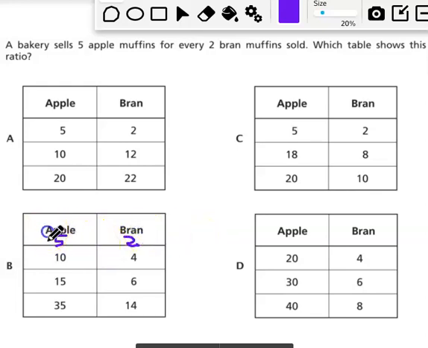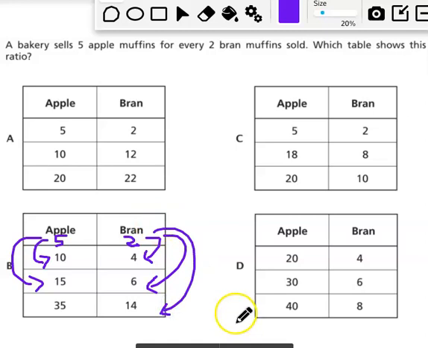So you could multiply this by 2, and you also multiply this by 2 and get a correct answer. And then you could multiply this by 3 to get 6, and you also multiply that by 3 to get 15. Did we get it correct to multiply to the next one? 2 times what to get 14? So you get 2 times 7, and then 5 times 7 gives you 35.